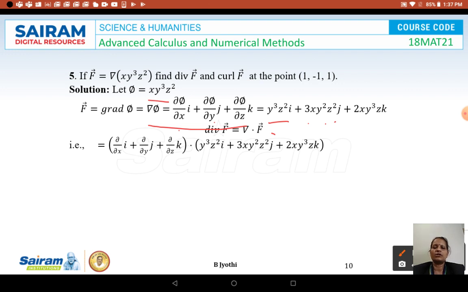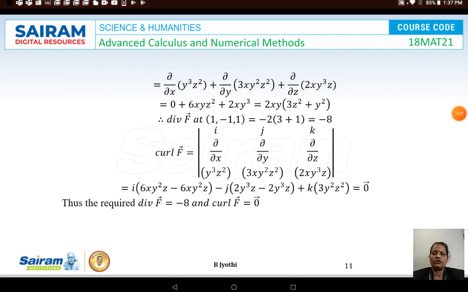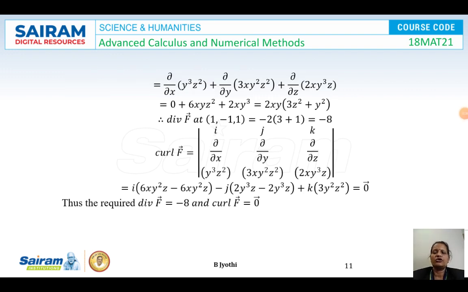So div f is equal to del dot f. Therefore dou by dou x i plus dou by dou y j plus dou by dou z k, with the f component written. Next, let us find the value of that. That gives us dou by dou x of y cube z square plus dou by dou y of 3x y square z square plus dou by dou z of 2x y cube z, which gives 0 plus, because dou by dou x of, there is no x term here, hence it will become 0.